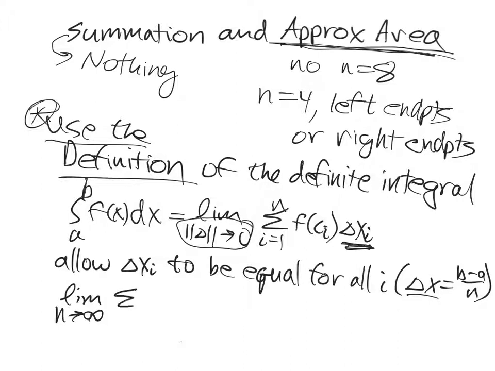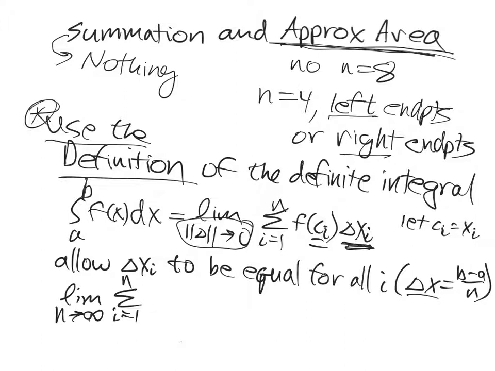And then one other thing that we do, technically the general definition uses c sub i, which can be any sampling point we want. Well, we're going to specify, let c sub i be the right endpoint of each subinterval. So like we said up here, we could use left, we could use right, or technically we could use anything in between.